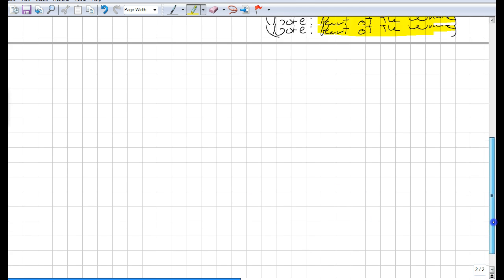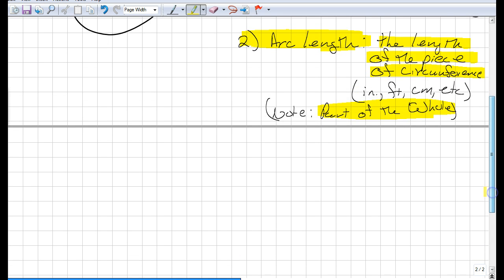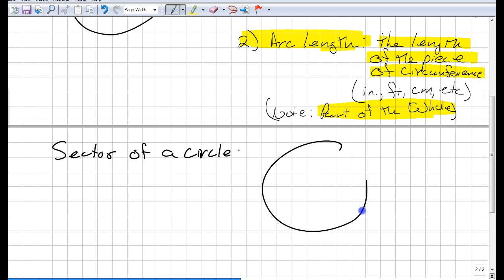We also want to be able to determine the area of a sector. So first of all, a sector of a circle is the part of the circle.